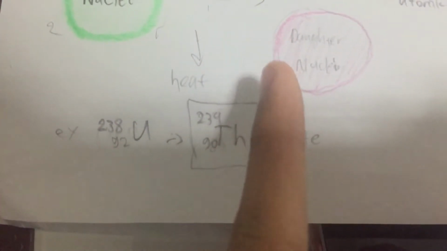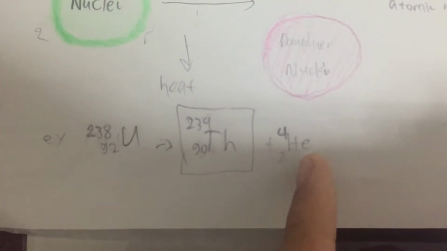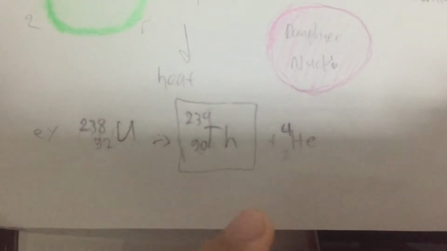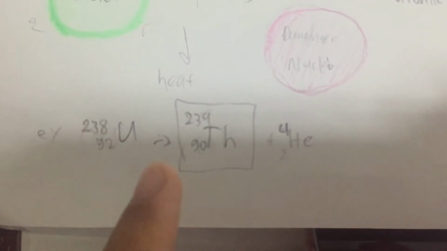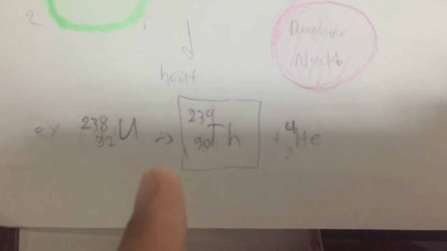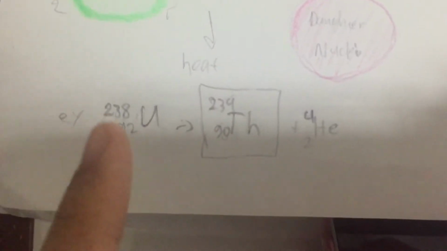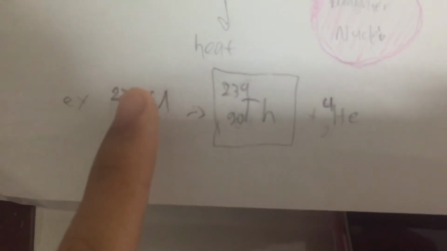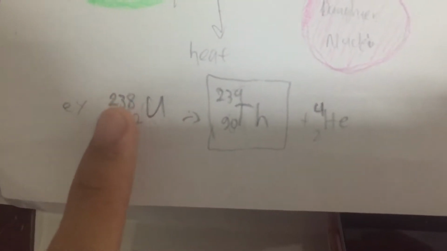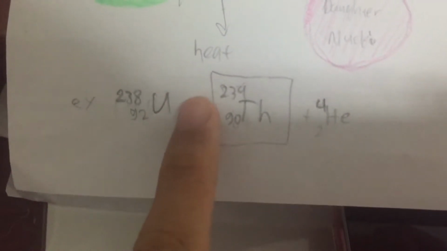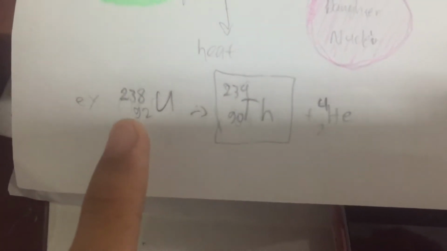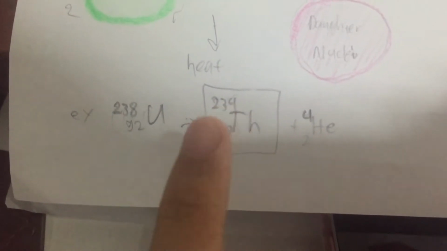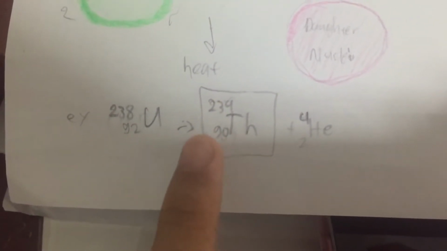It would take an alpha particle out, which is helium, 4 and 2, and we can find the answer: thorium-234. So it's 238 minus 4, and the 92, which is the atomic number, gets a minus 2, so the result is 90.